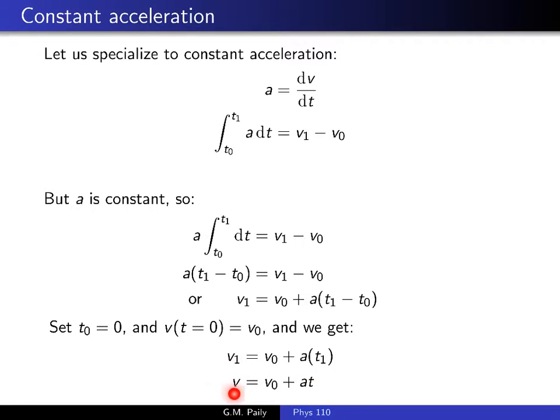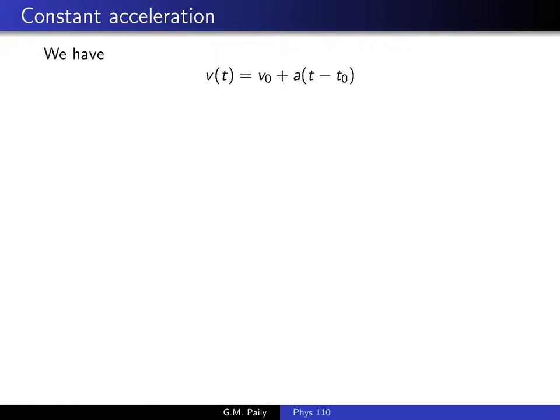Or perhaps it's more familiar in this form. v final equals v initial plus at. So we have an expression for velocity as a function of time if the acceleration is constant. Again, remember, this equation only holds if the acceleration is constant. If the acceleration is a non-constant function of time, then this will not hold.